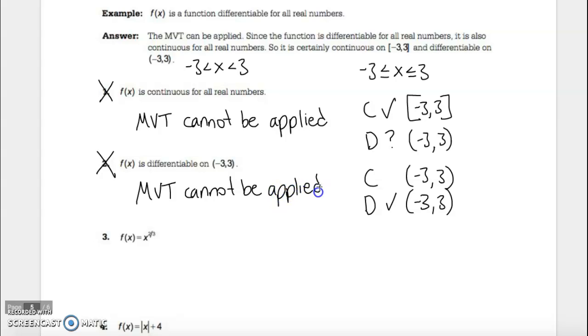So knowing that my function is differentiable only works from -3 to 3, and so that's the only part that works for continuity as well. You can only say that my function is continuous on the exact same interval. I can't know anything about what's happening actually at -3 and 3, and I need my function to be continuous on the closed interval from -3 to 3 in order to use the mean value theorem. I need the inclusive endpoints here, which I currently don't have, and so we can't use the MVT.